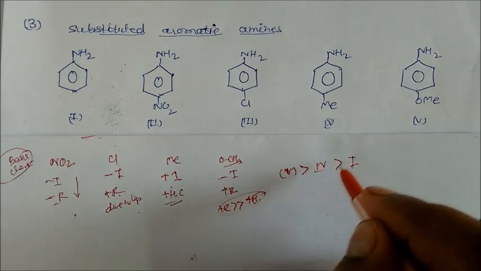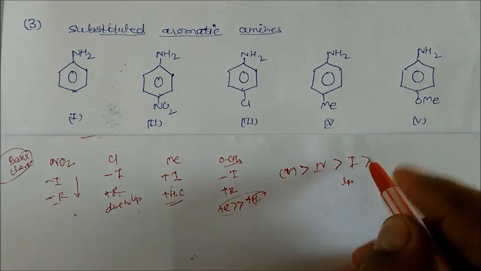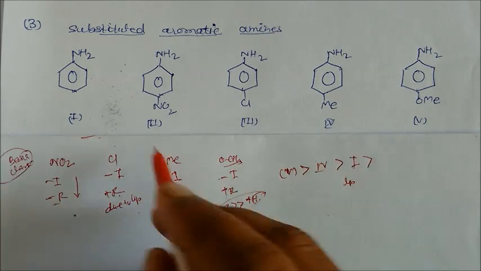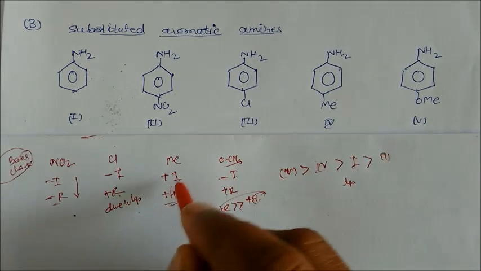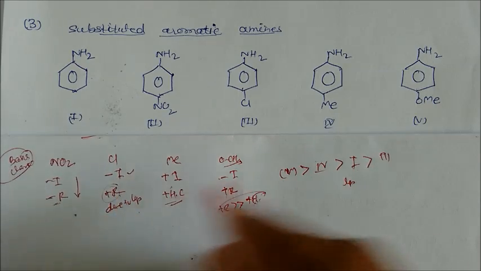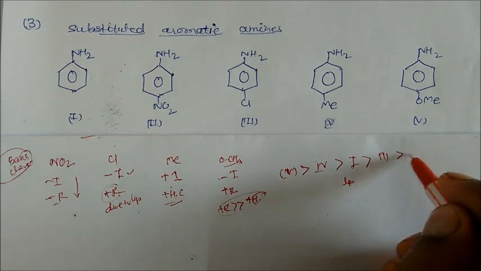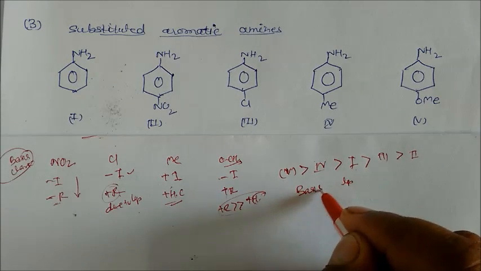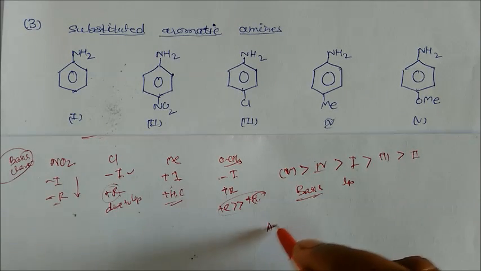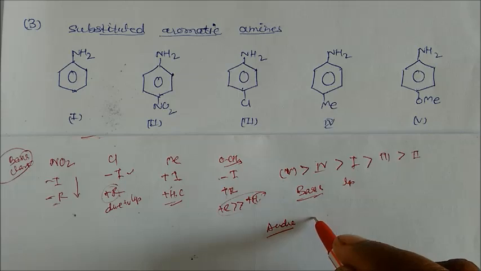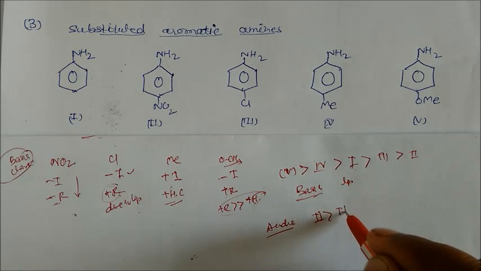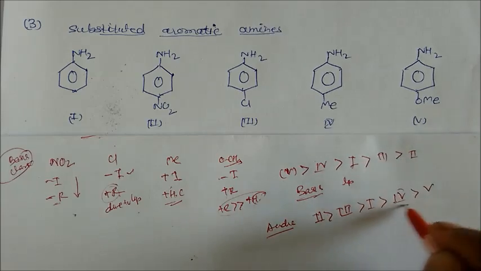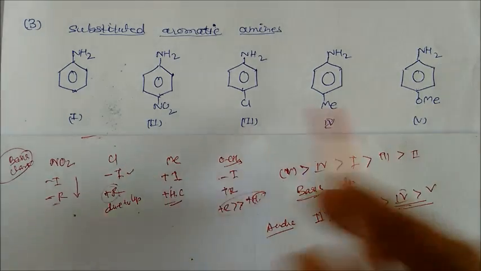Amine is a more basic lone pair, then followed by Me, then followed by 3, Cl, because Cl has minus I and plus R, and last is NO2, which is 2. So this is the basic character. Take the reverse of the basic character. So acidic character will be 2, then 3, then 1, then 4, and then 5. This is the acidic character of these compounds.